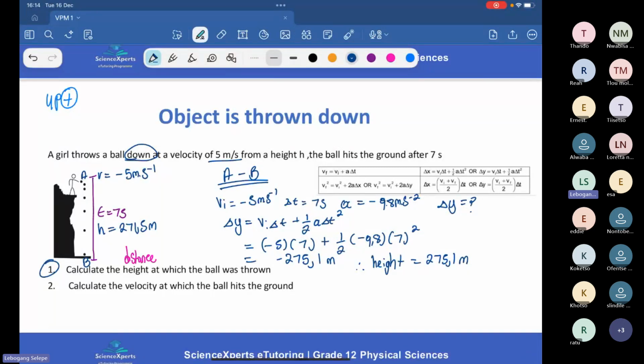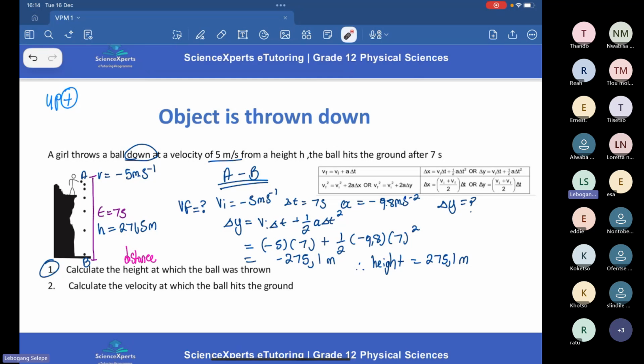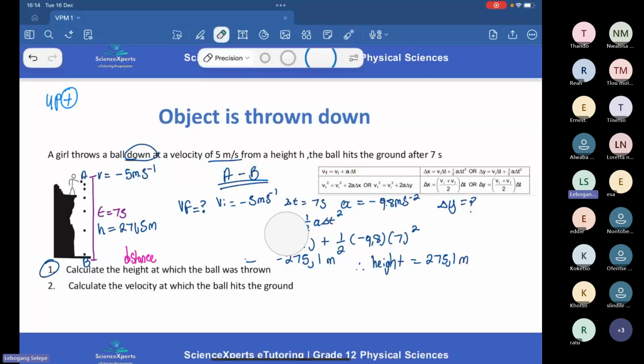Calculate the velocity at which the ball hits the ground. So look, I'm looking for VF, right? Remember I told you that sometimes it's very good to use a variable that you didn't calculate. So instead of using that change in y, I can still use VI, change in time, acceleration, and VF, which is this formula, to calculate VF without using the change in y that I just calculated.